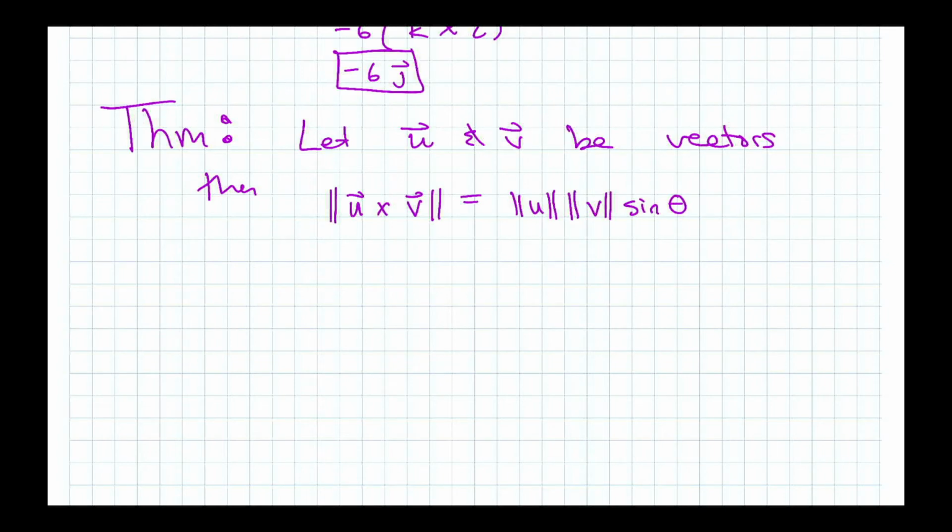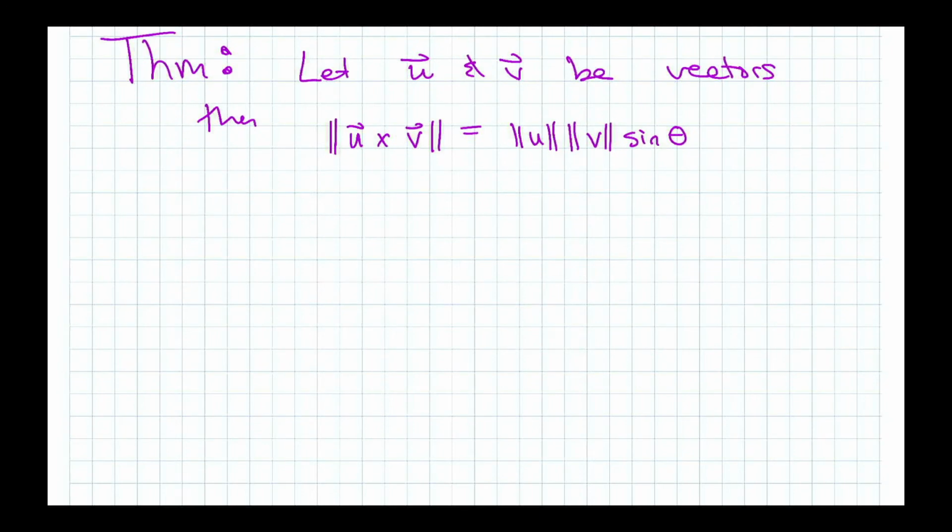Now that looks sort of similar to what we had for dot products, right? So recall from dot products that U dot V was magnitude U, magnitude V, cosine theta.